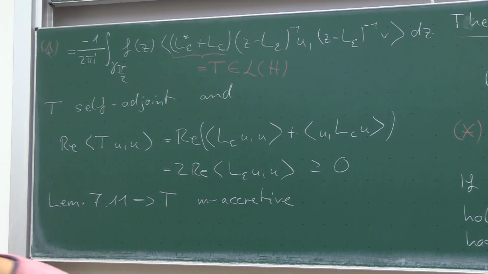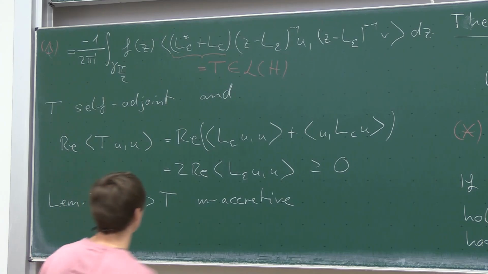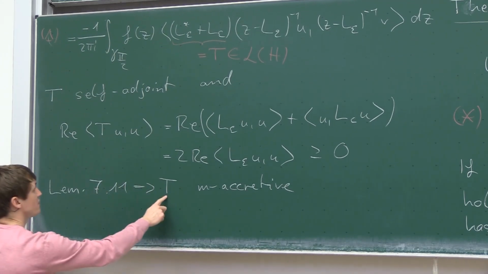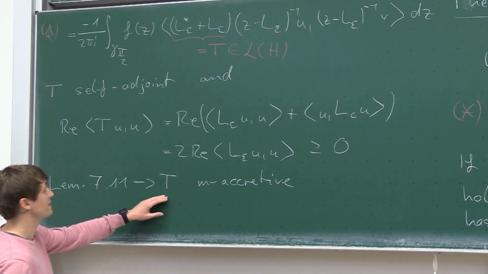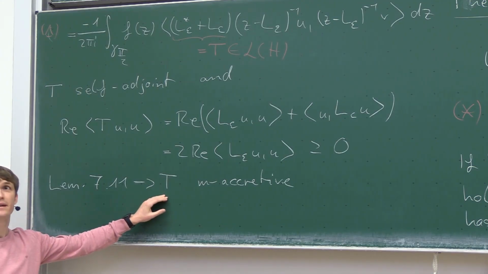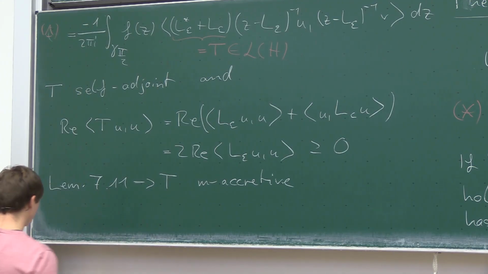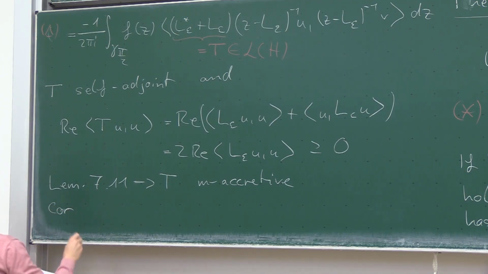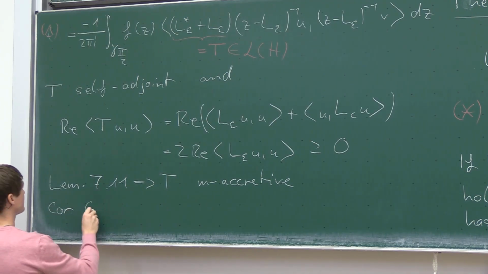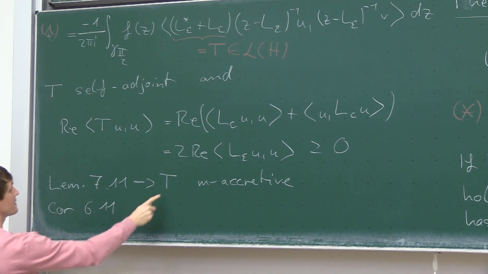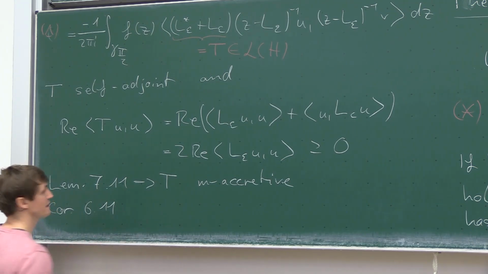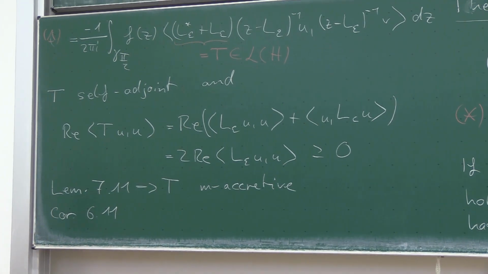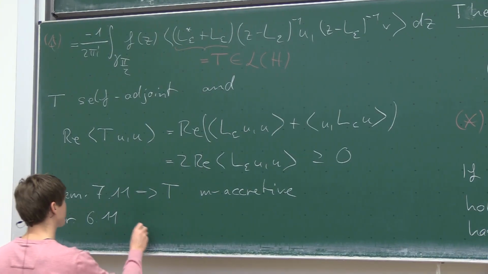And thus it's also sectorial of angle pi over 2. And for a sectorial operator, we can define the square root. And from corollary 6.11, we know that the square root of a self-adjoint sectorial operator is again a self-adjoint operator.